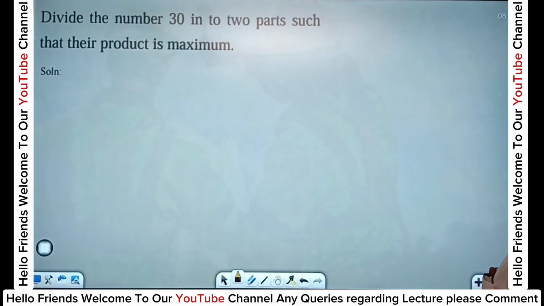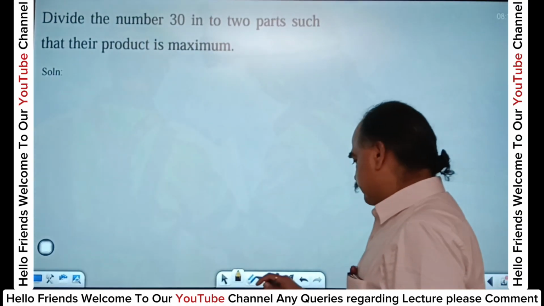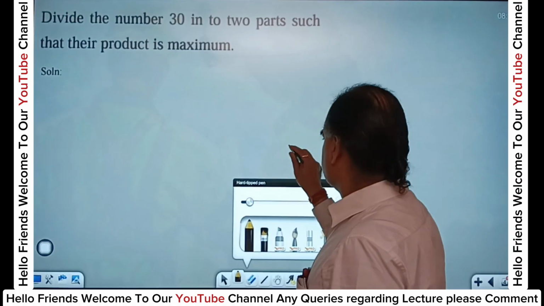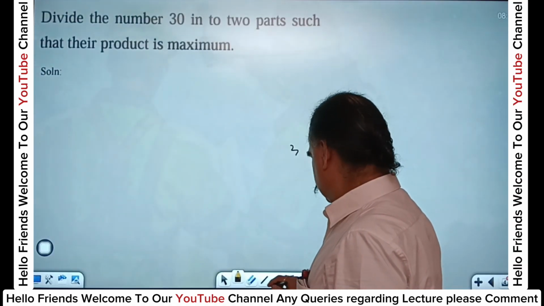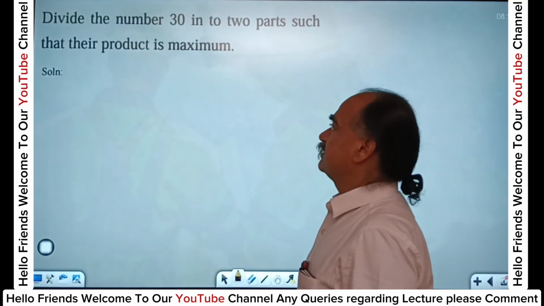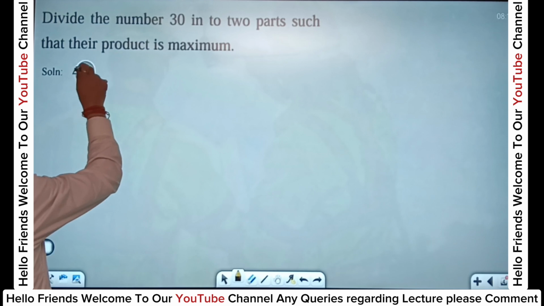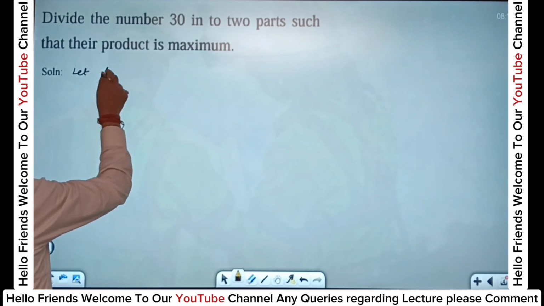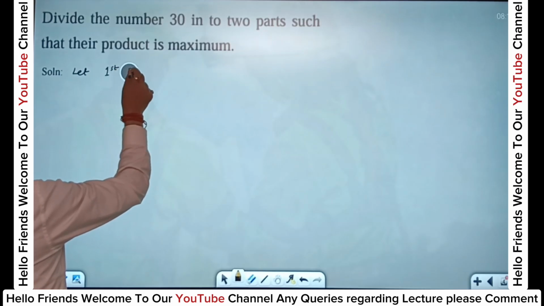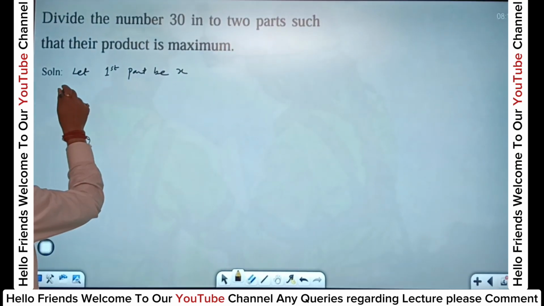So we'll start some problems based on this. First is divide number 30 in two parts such that their product is maximum. Let first part be x.